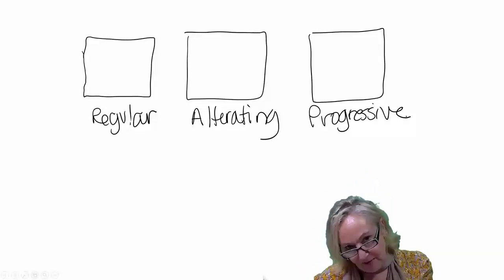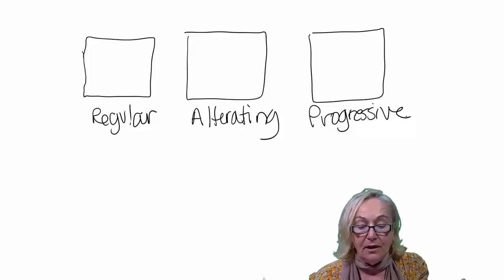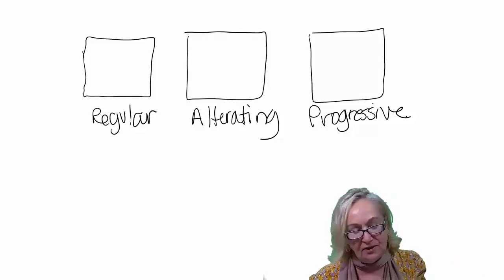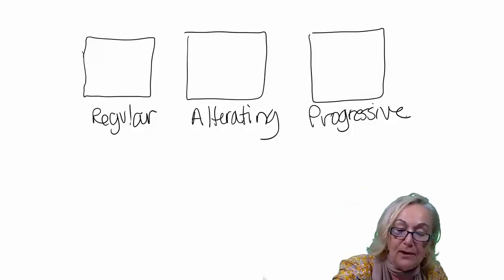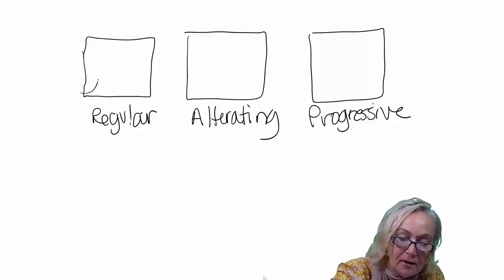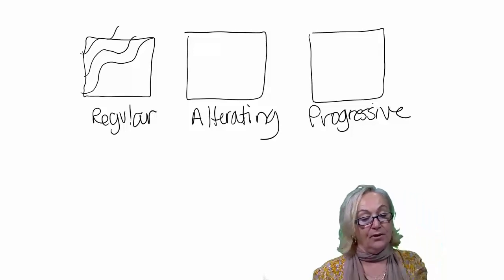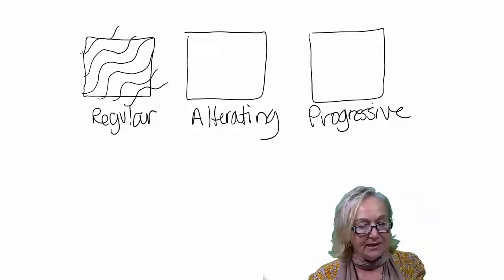When we talk about rhythm, we also obviously think about sound, and it works the same exact way in a visual. So a regular rhythm is just like a regular beat or a sound. It's the same thing over and over again. Alternating is just what it says.